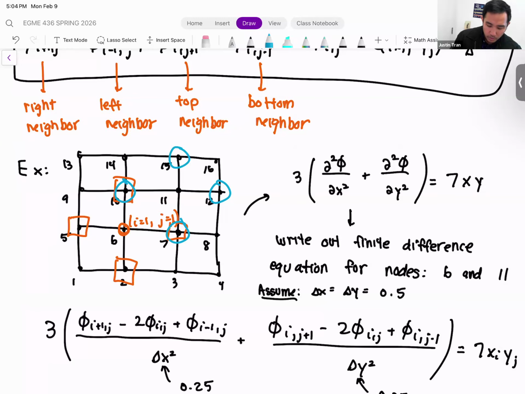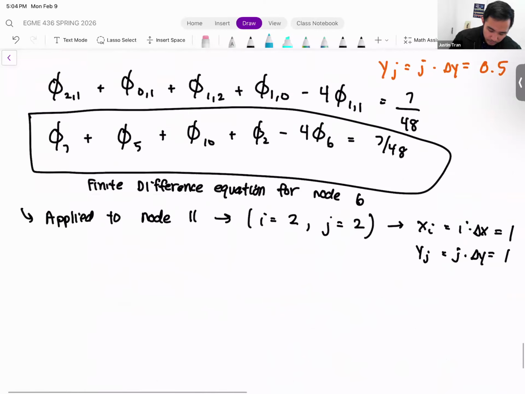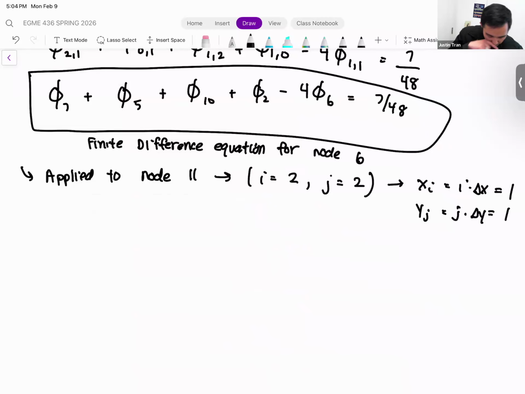So let's remember those numbers and write that in. For node 11, our left neighbor is node 10, our right neighbor is node 12, our top neighbor is node 15, and our bottom neighbor is node 7.